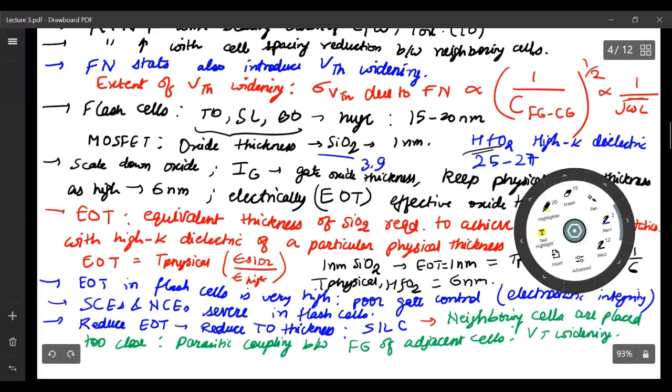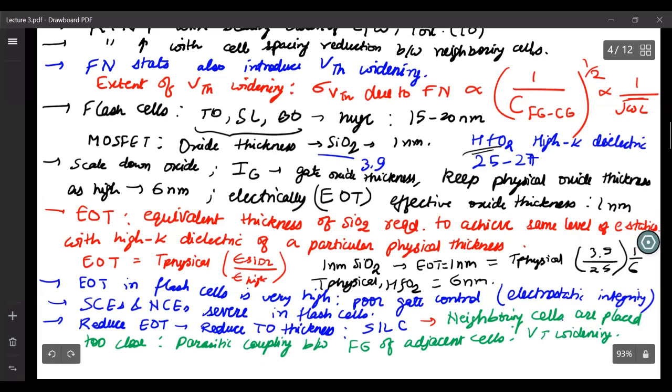What is the other issue with scaling? It's also related to retention, right? We discussed that in ultra scaled flash cells, like for 20 nanometer gate length, you already have only about 10 electrons in your floating gate. So there's a retention issue as well.